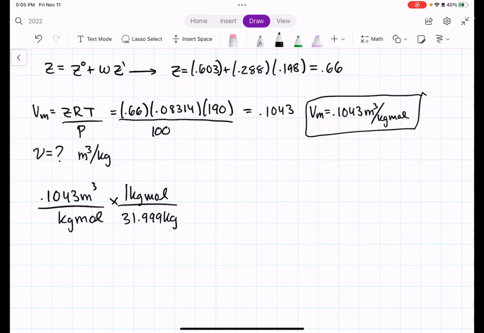You can look that up. The kilogram moles cancel, and you get that the specific volume for oxygen under these circumstances will be 0.0033 meters cubed per kilogram. And that would be your answer for the specific volume.